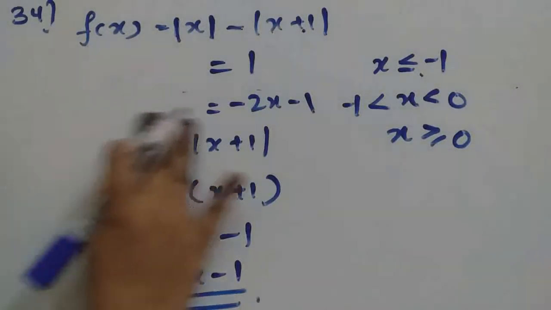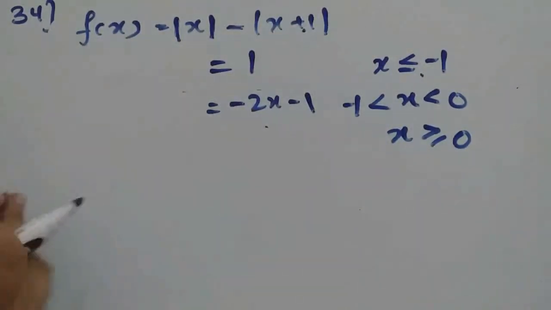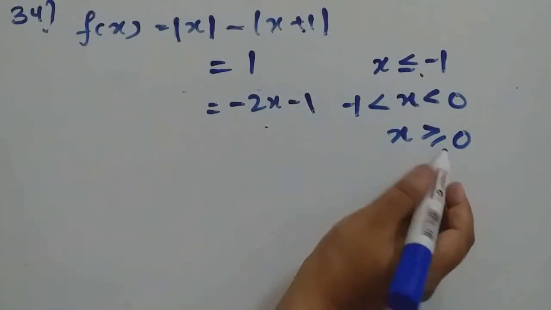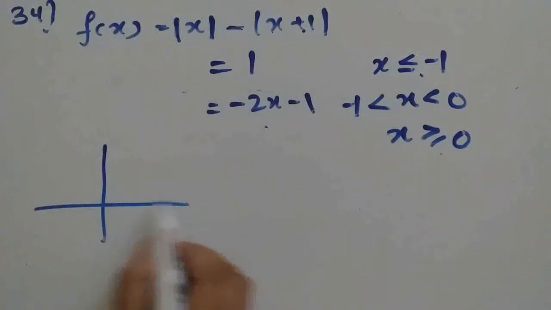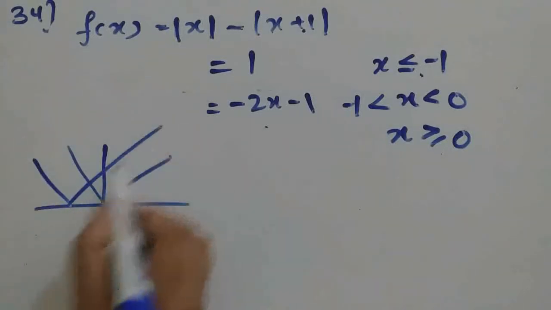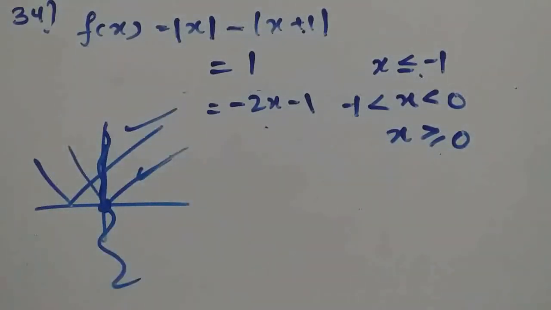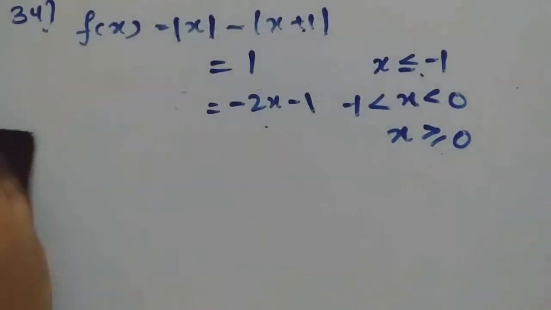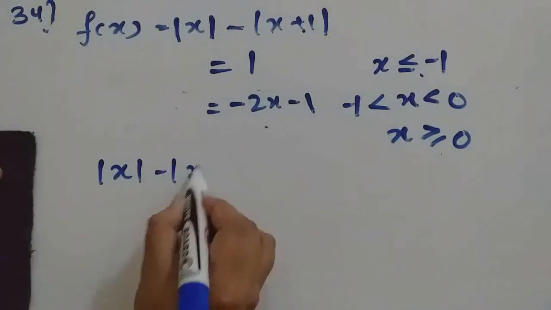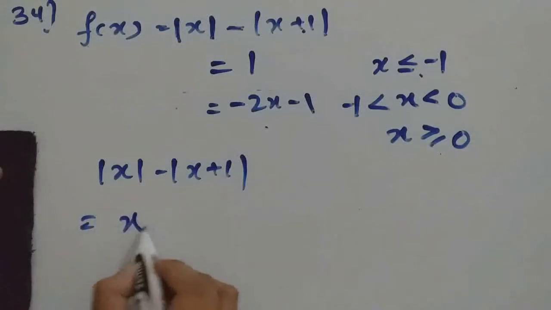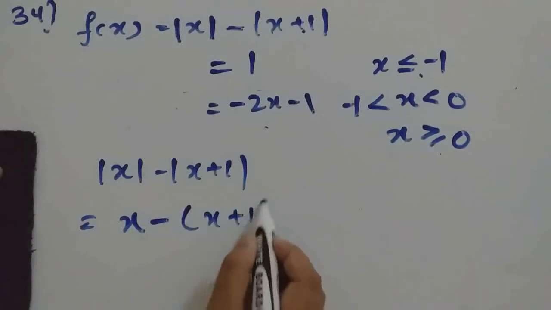Now for the third case, x greater than or equal to 0. In this case both values will be positive. In this region both values are positive, so this will be the same x, and this will be the same x plus 1.